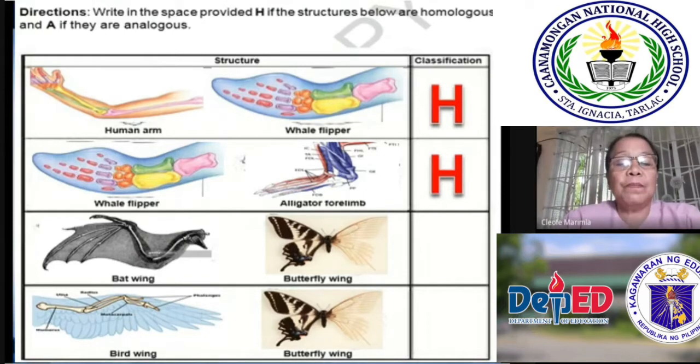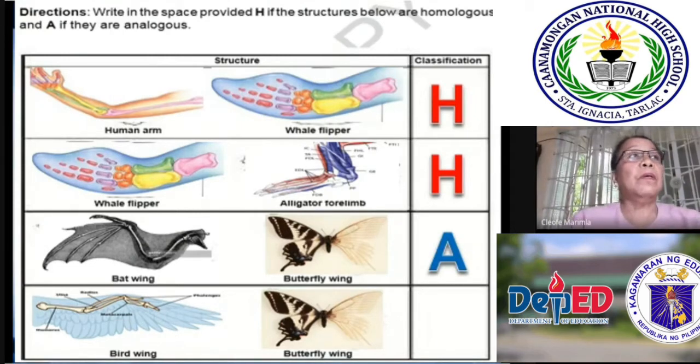Number 3, batwing and butterfly wing. All right, it's an analogous structure. They are analogous structures because they have different origin and structure of certain body parts, but they perform the same functions.